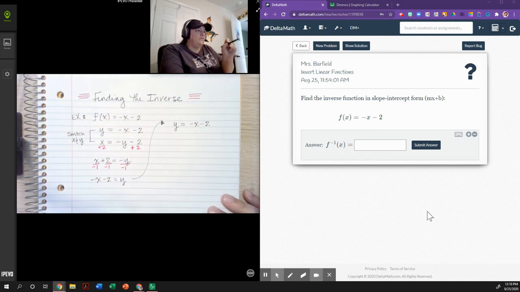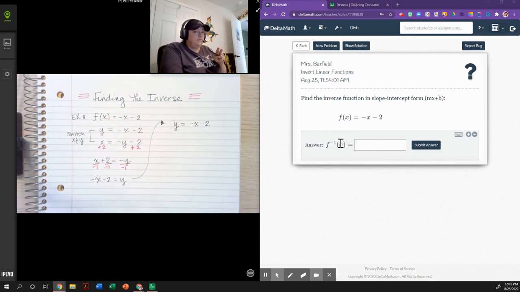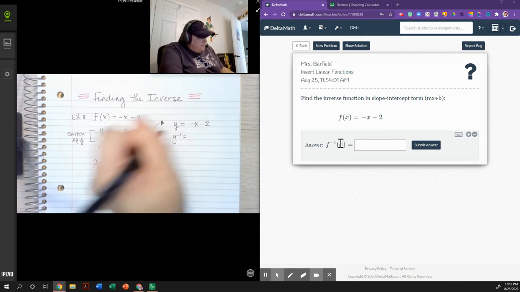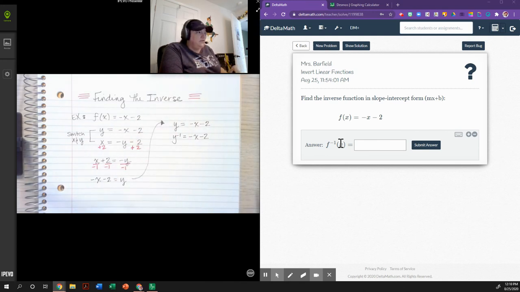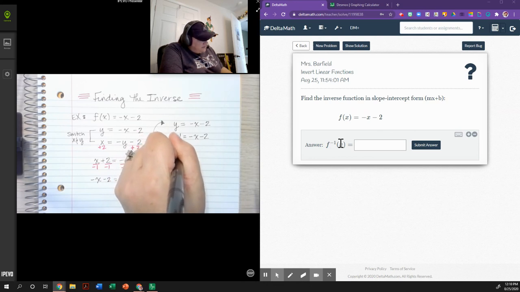If you look at Delta Math, it says f to the negative 1 of x. Well, that f to the negative 1 is inverse notation. You can see it in a couple of different ways. You might see y to the negative 1 equals negative x minus 2. That's also used for inverse notation. And then Delta Math is using function notation.